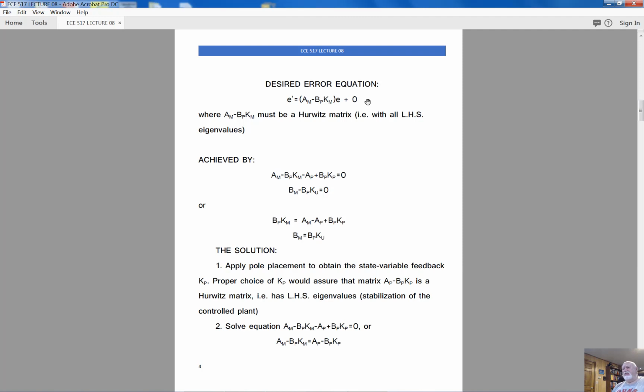And for any stable system, state vector or vector describing this used in this equation supposed to converge to 0. Now, of course, it will happen if this matrix will have eigenvalues in the left-hand side of the complex plane.